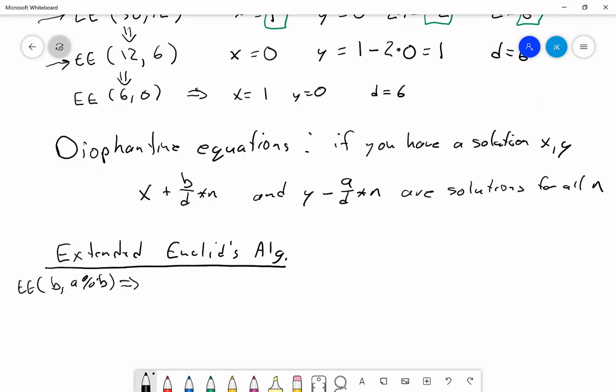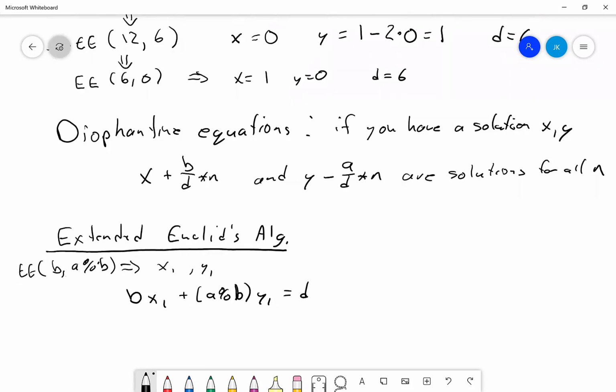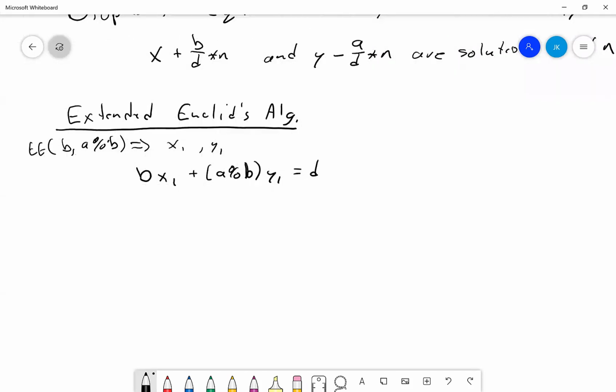And the result that we get back from there, let's call that X1 and Y1 and D. And D is just going to be what D is. And so what this means is that we have a solution where B times X1 plus A mod B times Y1 equals D. That's what we got from the very first piece of this.